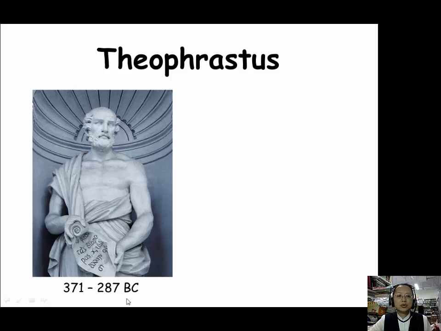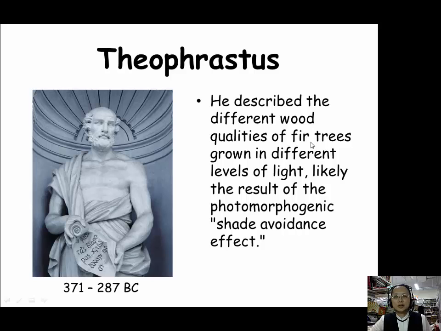He lived more than 2,300 years ago. He observed the development of fir trees in different levels of light, so he described it as the result of photomorphogenic shade avoidance effect. He was the first one to describe it.